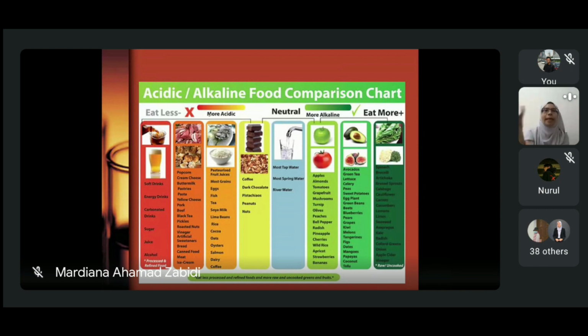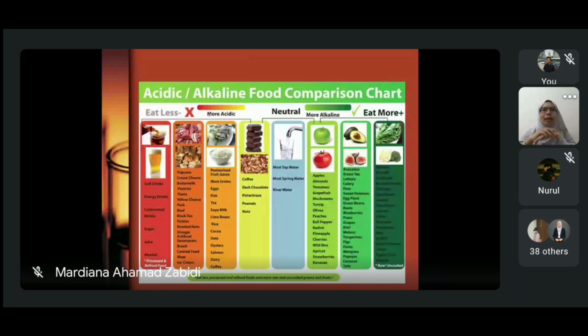But when it enters our system, our body will have a check and balance of pH in order for our body to perform at an optimum rate. So if you eat more alkaline food, when it enters your digestive system, which is very acidic, your gastric juice is very acidic, your body will balance out the food that you consume.